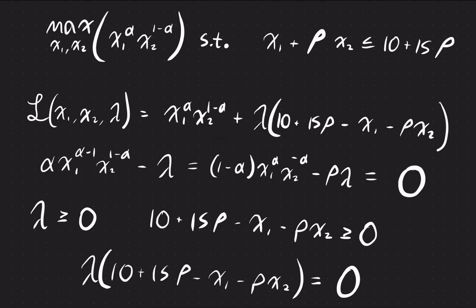But before we move on, let's make an observation. Let's suppose for now that the constraint part is strictly positive. Then it must be that lambda is equal to 0. If lambda is equal to 0, this term must be equal to 0, which would mean our maximum value is 0.